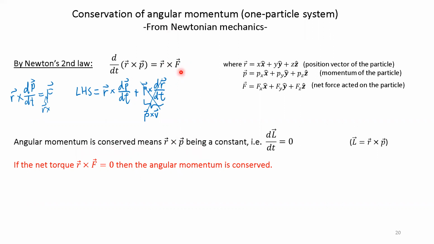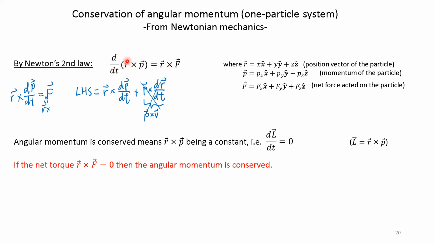If this is being conserved, then what I mean really is that the time derivative d/dt of r cross p, or I call it L, is 0. And when does that happen?